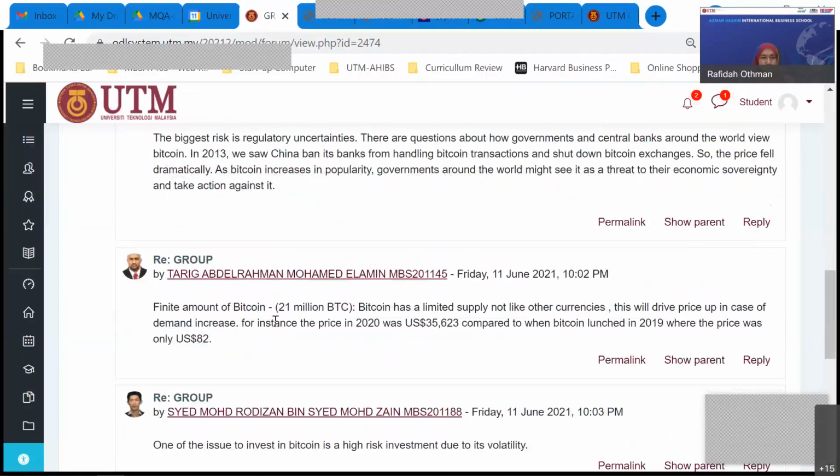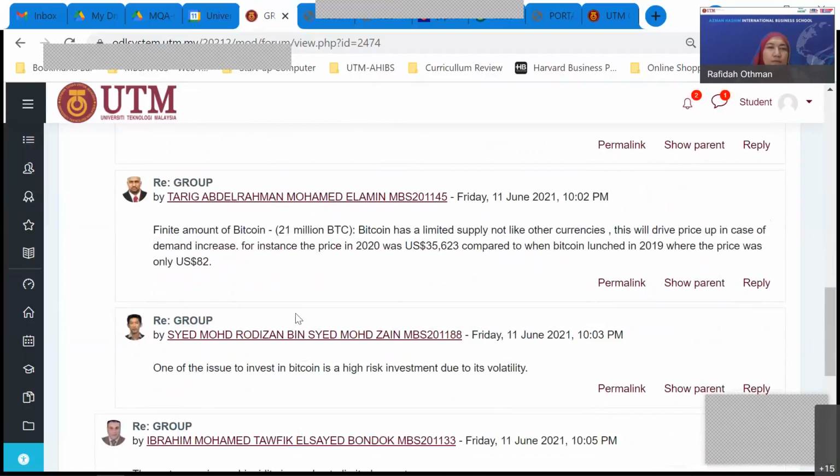Yes, one of the issues with Bitcoin is that it has a finite amount of coins. So this is a limited supply. If anything happens on the demand side that drives demand up, the price will go up quickly, and to a big value.